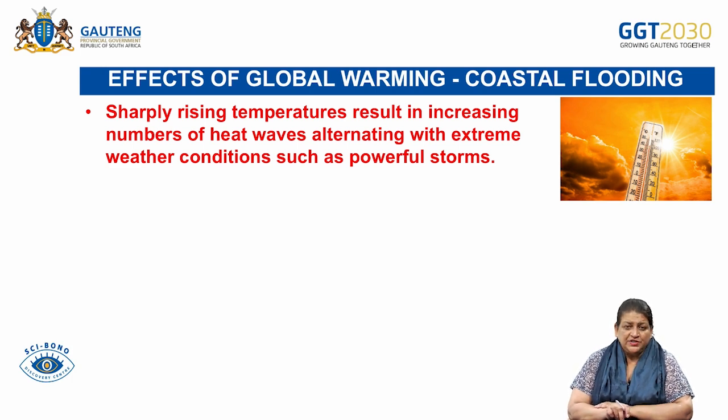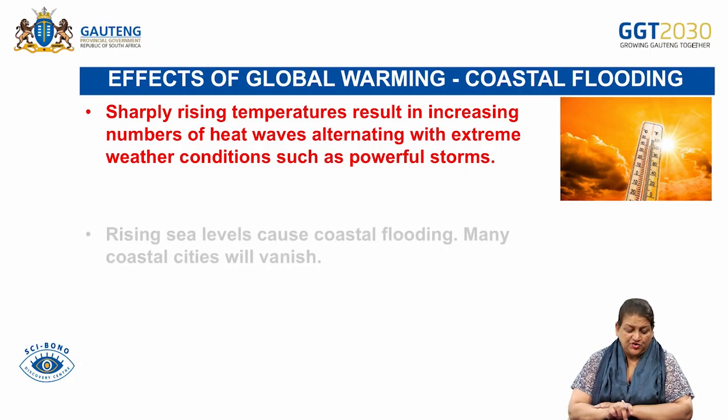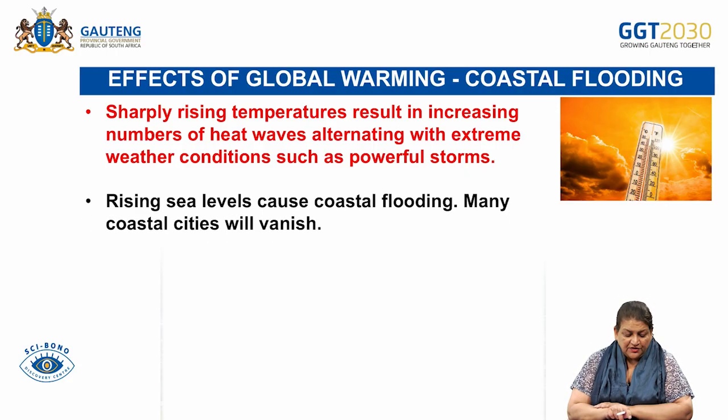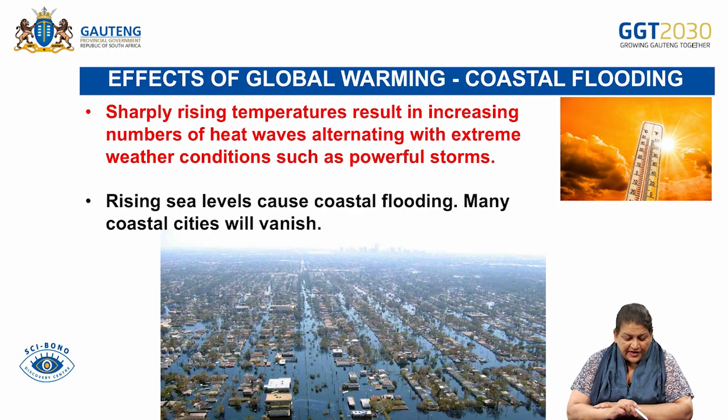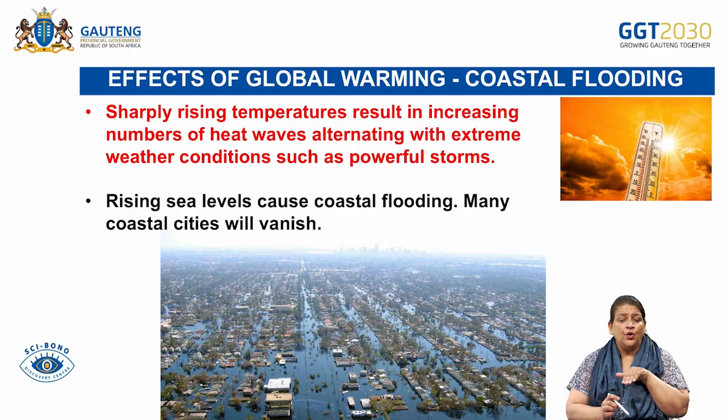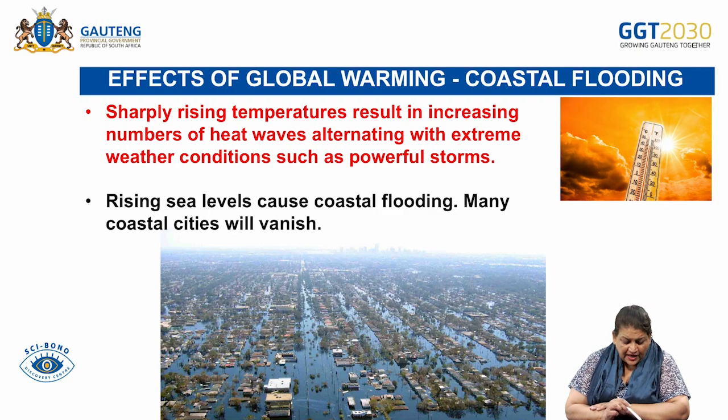So the more our temperature rises, it can cause powerful storms or extreme droughts, coastal floods, and then when it floods, some cities will actually go underwater because the seawater will rise and come onto the land and cover all the land.